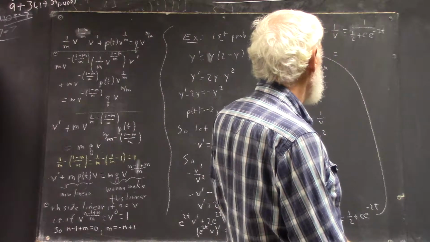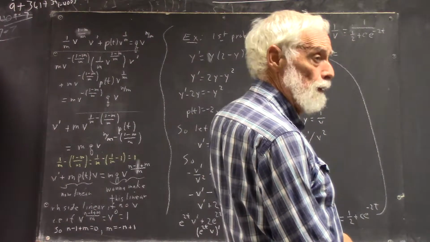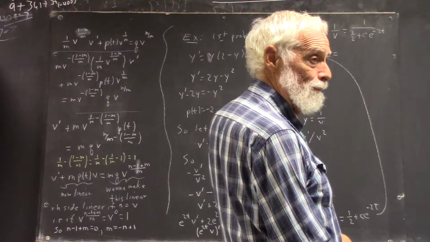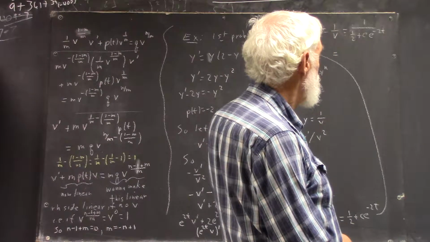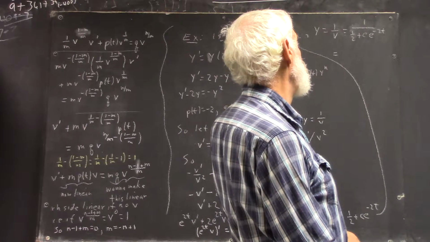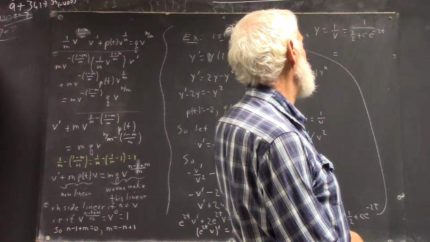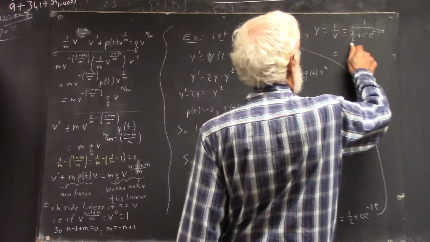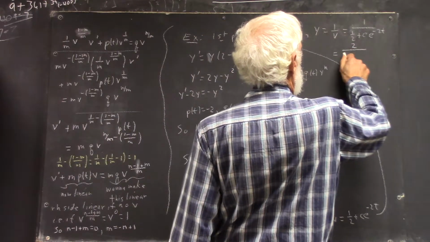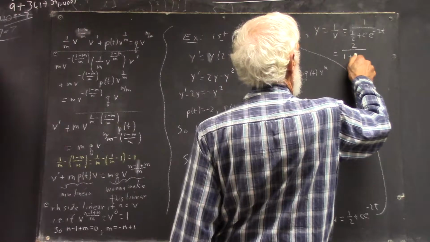But then I could multiply by 2e to the 2t. Well, that'd be 2. I'm not sure there's a good point in doing that, but it's something you want to keep in mind. Right now, it looks like about six of one, half a dozen of the other.